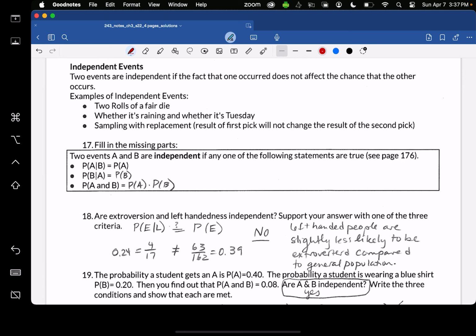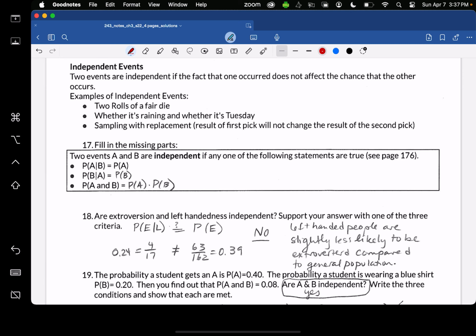We reach our hand in the bag, grab a marble, see what we get, put it back in the bag, mix it all up, and take another marble. The outcome of the first draw shouldn't impact the outcome of the second draw. They're independent of each other.